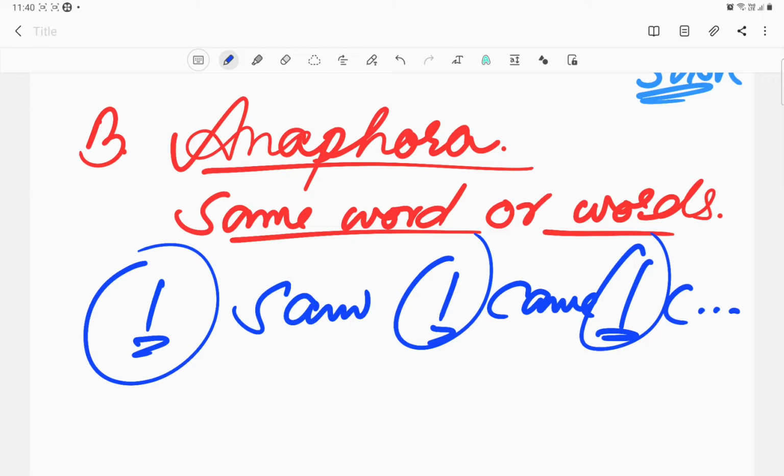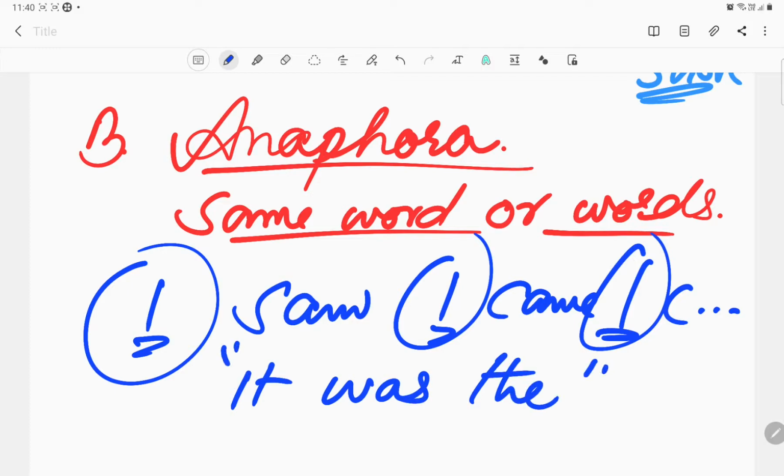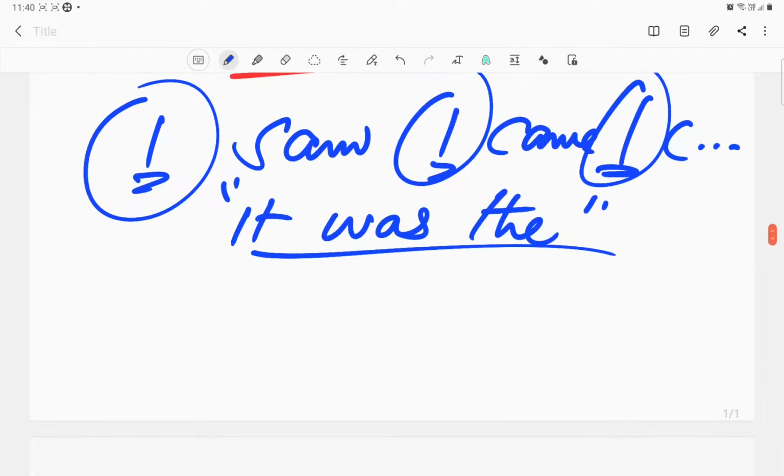See, here "it was the" is repeated. This particular phrase is being repeatedly used. Thus, it adds beauty to the poem or the phrase.